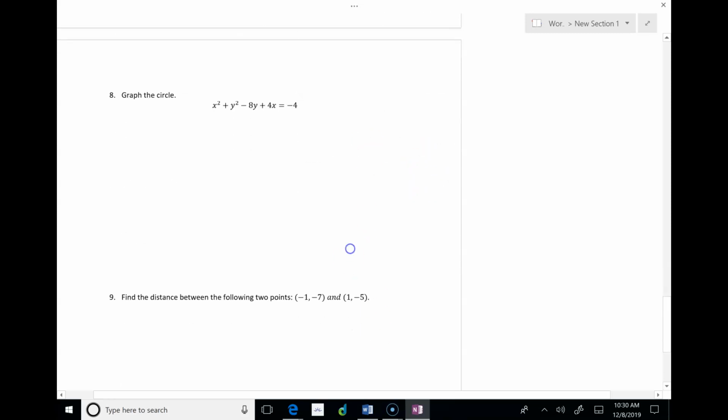Next question is the graph of a circle. So you need to order the terms for completing the square. You say x squared plus 4x, and then y squared minus 8y equal to, and then you put the -4.